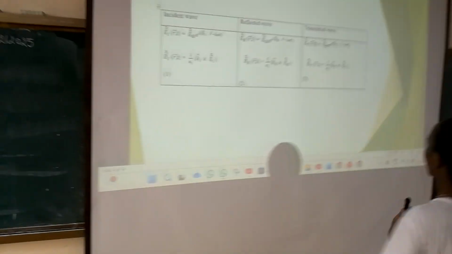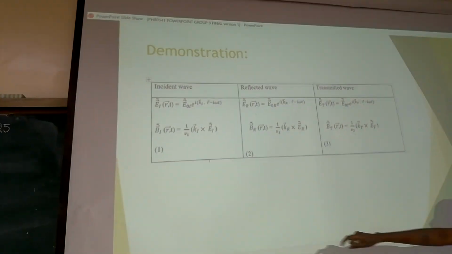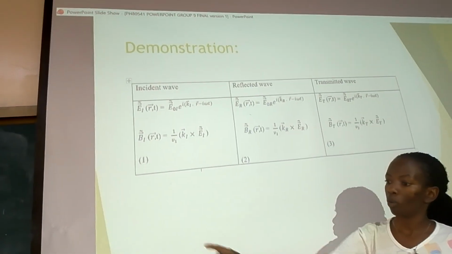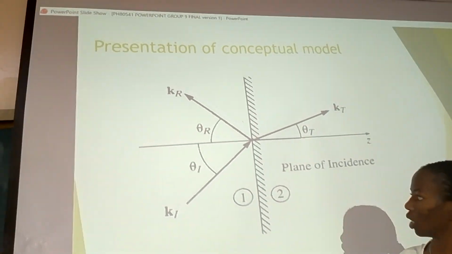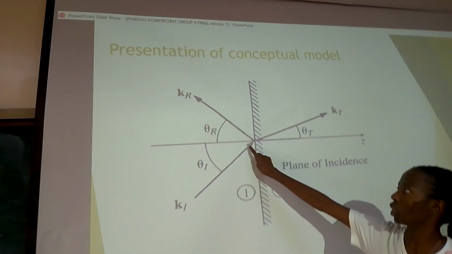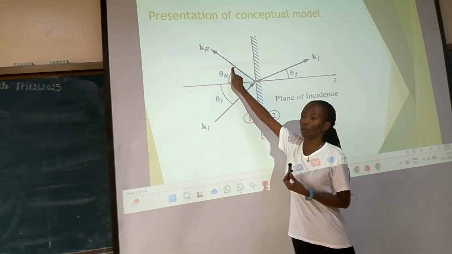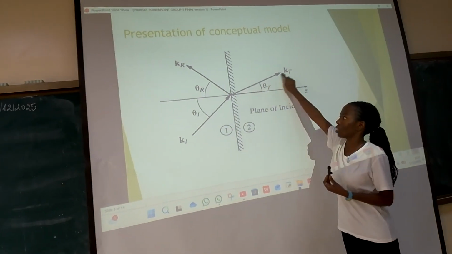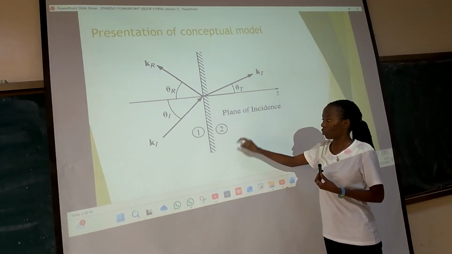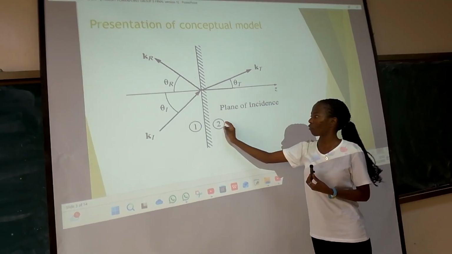By observing the pictures you have seen, we have seen the incident wave. You may go back to the picture. This is the incident wave, which is hitting the plane of incidence. This is also the reflected wave, and this is the transmitted wave. You can see that we have 2 media.